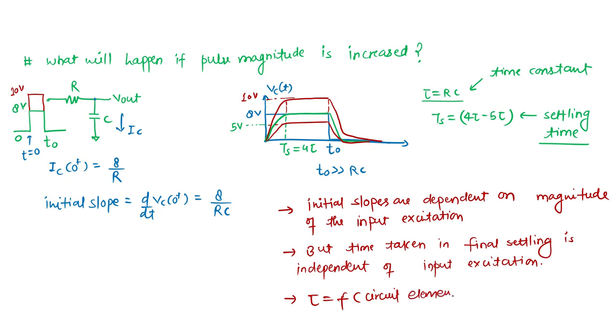It is not a function of input excitation. The time constant is not a function of input. What I will say here is that it is R Thevenin C. Here R Thevenin is R only, so RC. So this is the thing that I want to clear here.